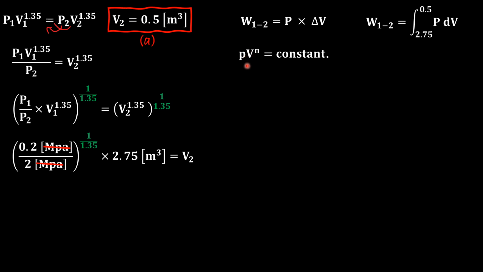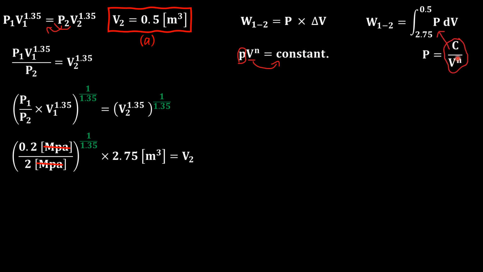So now PV to the power n equals constant, and the reason why I used n in here is because we want to find an equation that we can use to find any work for any polytropic index. So what we will do in here, we will solve for P and move V to the other side of the equation. And that's what we did in here.